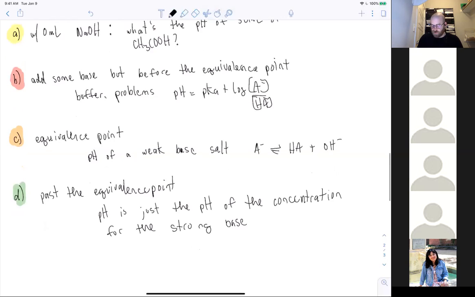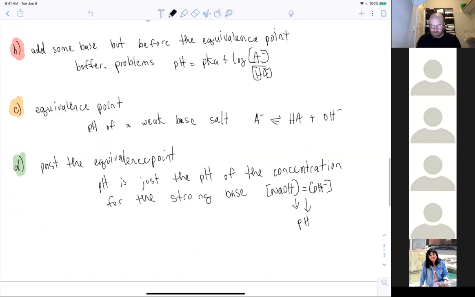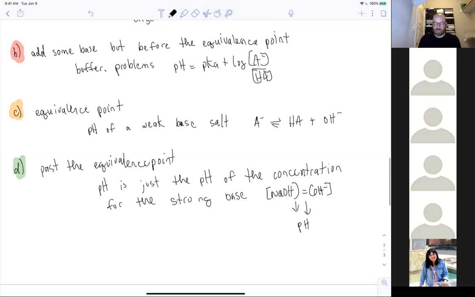So you'd look at the sodium hydroxide concentration, recognize that that's equal to the hydroxide concentration, and then eventually convert that into pH. So you calculate the pOH, and then calculate the pH from that. It's just dominated by the sodium hydroxide concentration. So it becomes a problem where the question is, what's the pH of a sodium hydroxide solution that's 0.1 molar or something. That's the entirety of the problem. So the calculation is really easy.